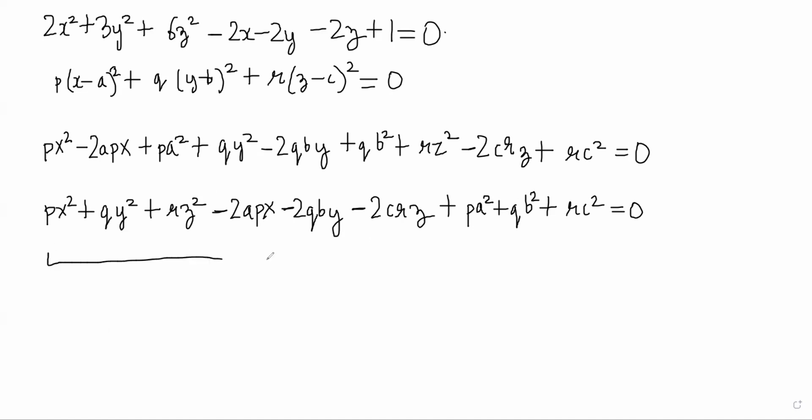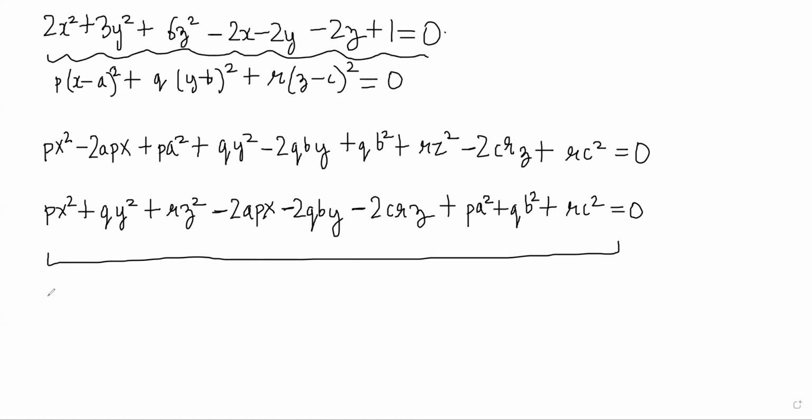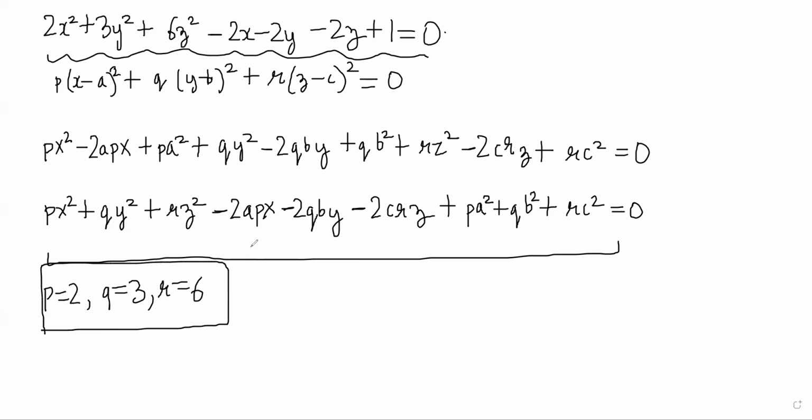Now, if I try to match this expression with the first expression here, what you should see immediately is that p is equal to 2, q is equal to 3, and r is equal to 6, right? As soon as you realize this, we start finding the other terms. So 2ap should be equal to 2. So p is 2, so a is equal to 1 by 2, right?